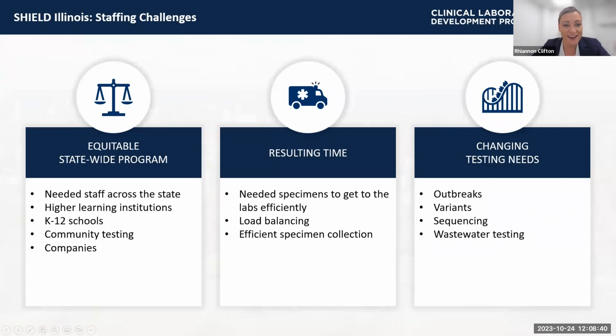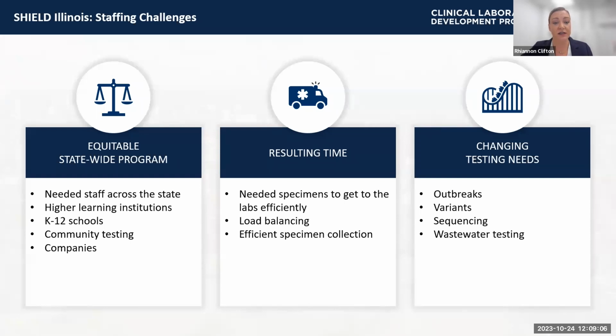All in the environment of some tenets central to our mission, which were an equitable statewide program. We needed to staff across the state to cover those higher education institutions, K-12 schools, free community testing in locations especially that were testing deserts, particularly for under-resourced individuals.